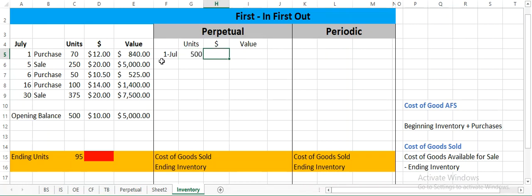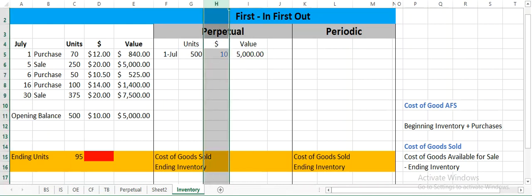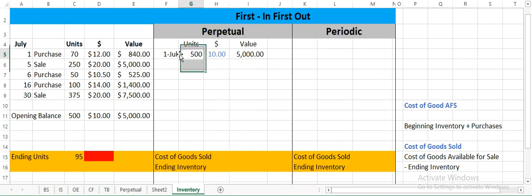We're starting off with July 1st, 500 units, and the value of those 500 units is units times dollar value, $10, which is $5,000.